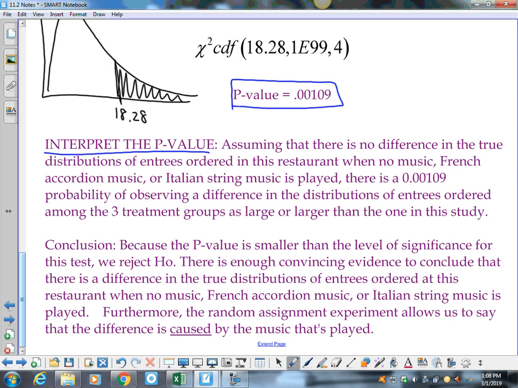H sub O. There is a 0.00109 probability of observing a difference in the distribution of entrees ordered among the 3 treatment groups as large or larger, because I'm right-tailed, than the one in this study. Now, normally this is where I put a number. Y'all are super awesome at that, but this is normally where you put a number. Where do you get that number from?